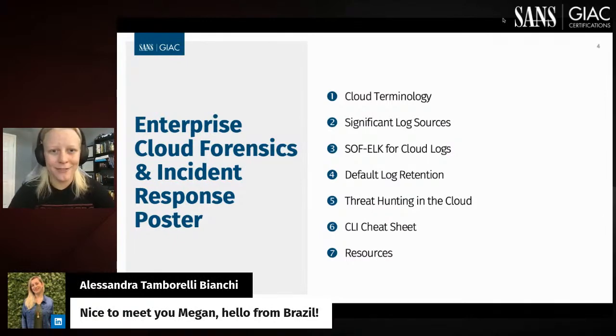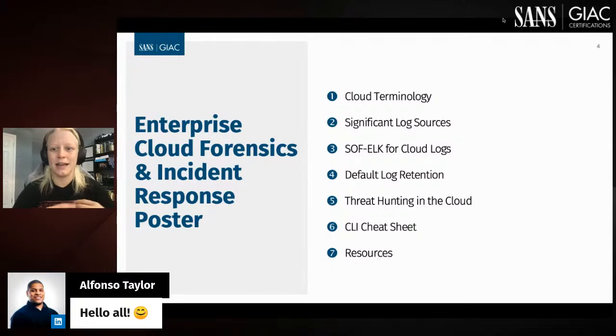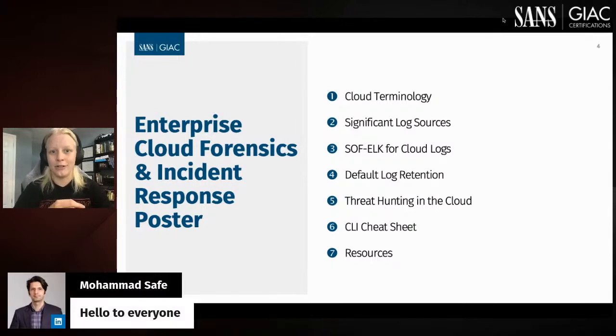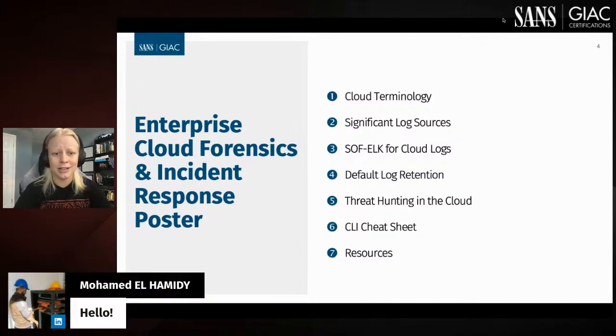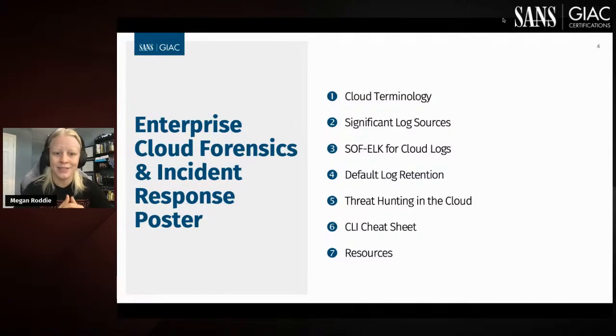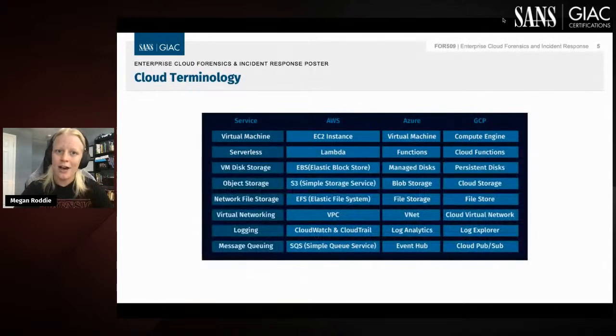So starting off, one of the first concepts that we teach in 4509 is differentiating cloud terminology. If you're in tech or security, you know every vendor loves to have their unique trademarked fancy name for things. Unfortunately, when we start talking about concepts, it makes it hard to map to the different vendors.